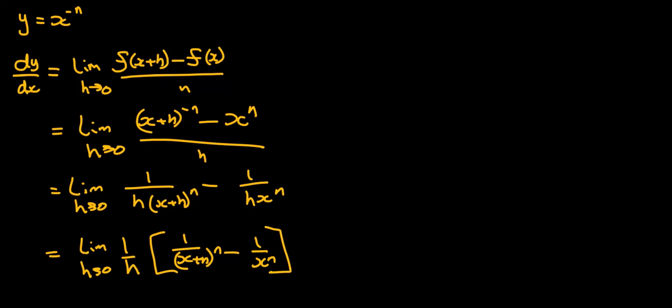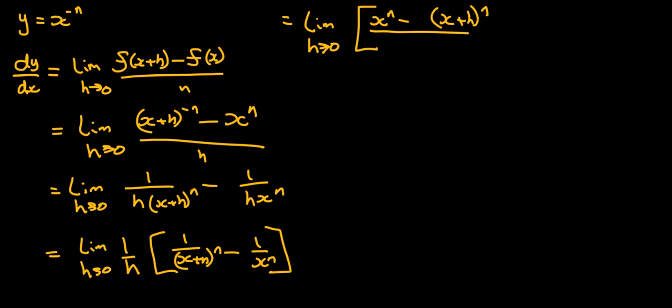And let's cross multiply, so we get x to the n minus (x plus h) to the n, all over x to the n times (x plus h) to the n.